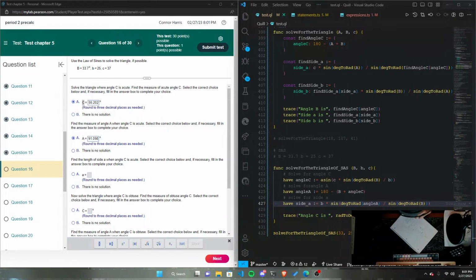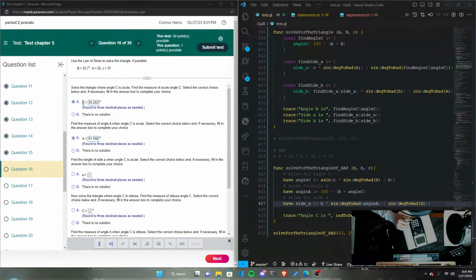Alright, so now let's grab our handy dandy calculator and do this math. Make sure we're in radians. 25 sine of 91.098 divided by the sine of 33.7.